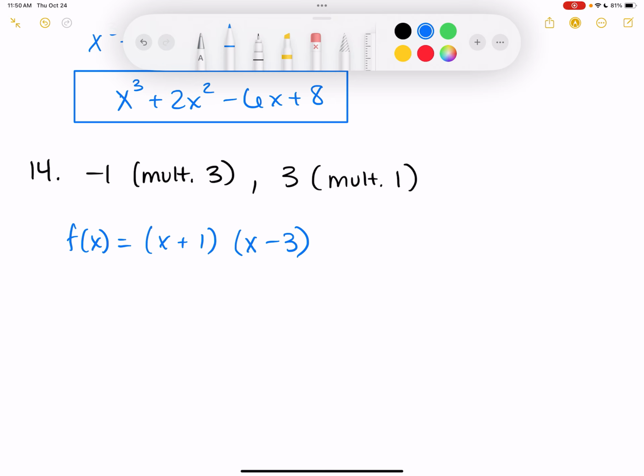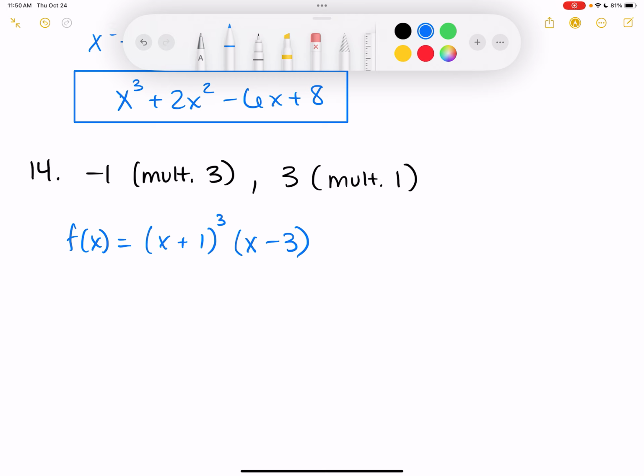Yep. You already said it, but multiplicity of 3 means I take this factor and raise it to the third power. Some people think it means to multiply it, but it means to raise it to the power. So that just means I have a triple zero at -1, and I have a single zero at 3. So then I just need to essentially multiply this out.